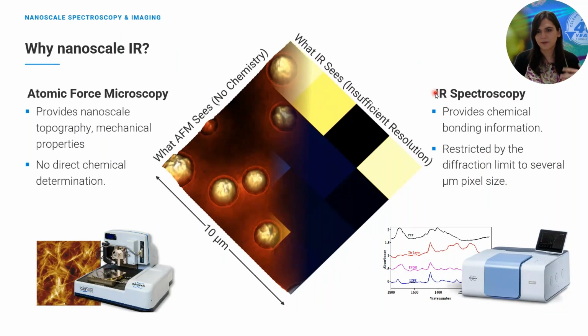On the other side, infrared spectroscopy provides chemical-rich information, but you're restricted by the infrared diffraction limit, which, when we're talking about the mid-infrared range, 2 to 20 microns, can be as high as 10 microns and as low as 1 micron.